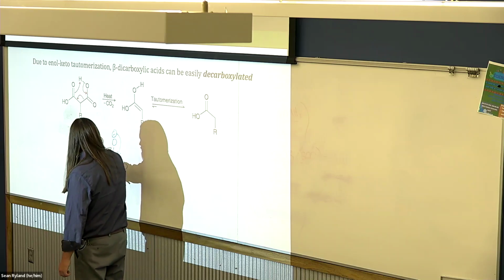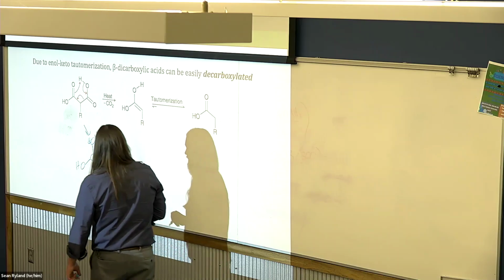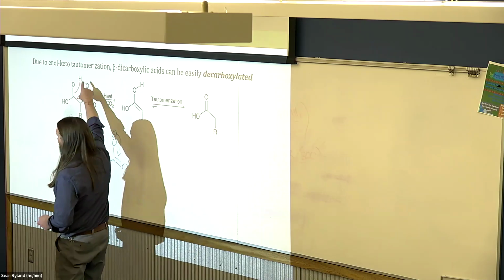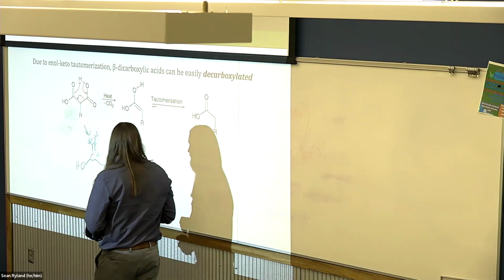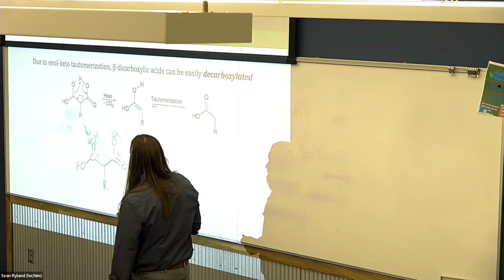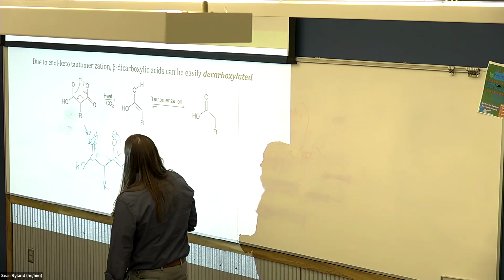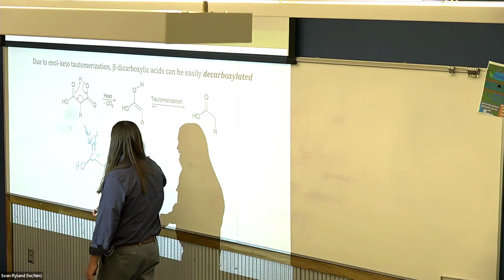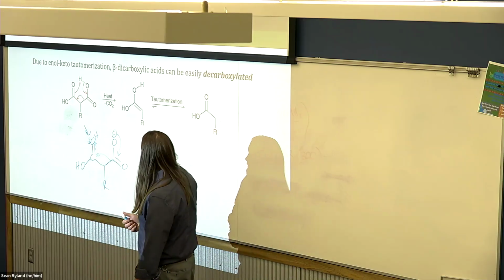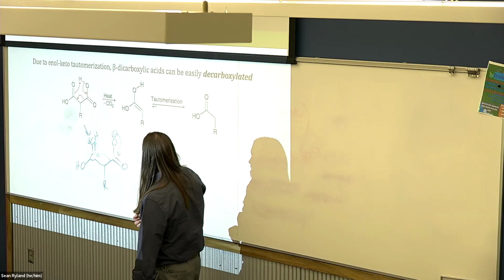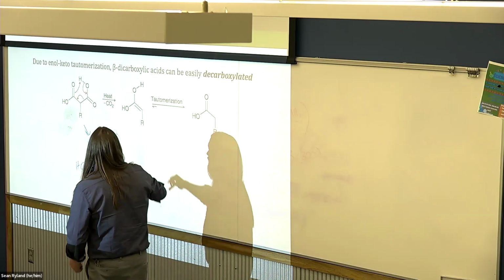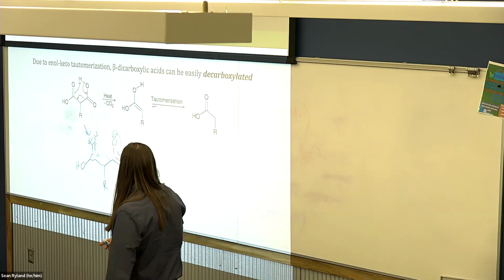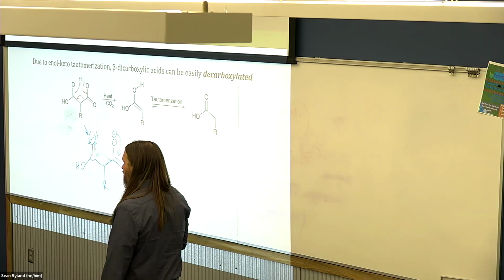for this rearrangement to happen. Right, so they actually broke it down. They didn't show the proton transfer as a separate step. But once you do that, you basically break this carbon-carbon bond to make a CO2 molecule, and get this sort of dienol.